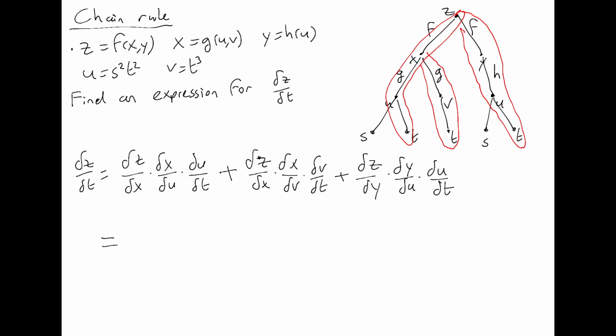So the dz/dx is going to be f sub x, the derivative of f with respect to the first variable, the x variable. Then dx/du, that's the derivative of g with respect to the first variable, which is u. And then the last, du/dt, can be computed explicitly because this is given explicitly. So this is 2s squared t.